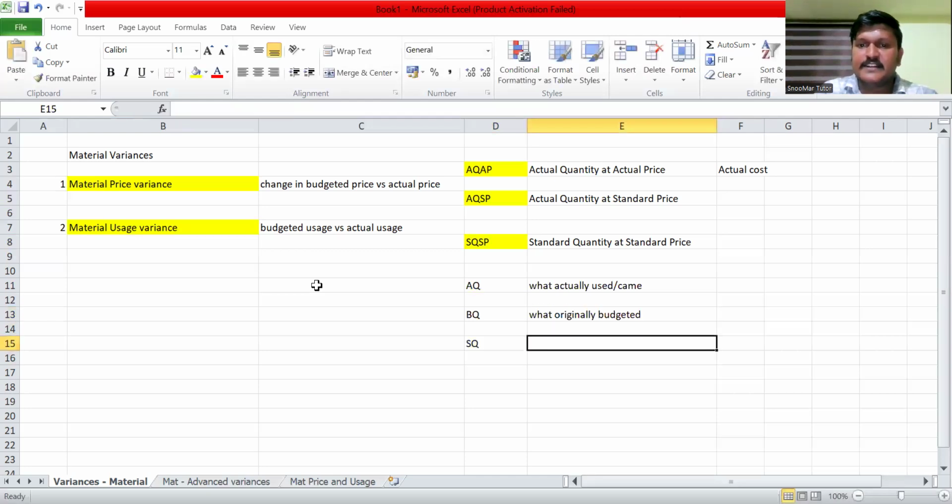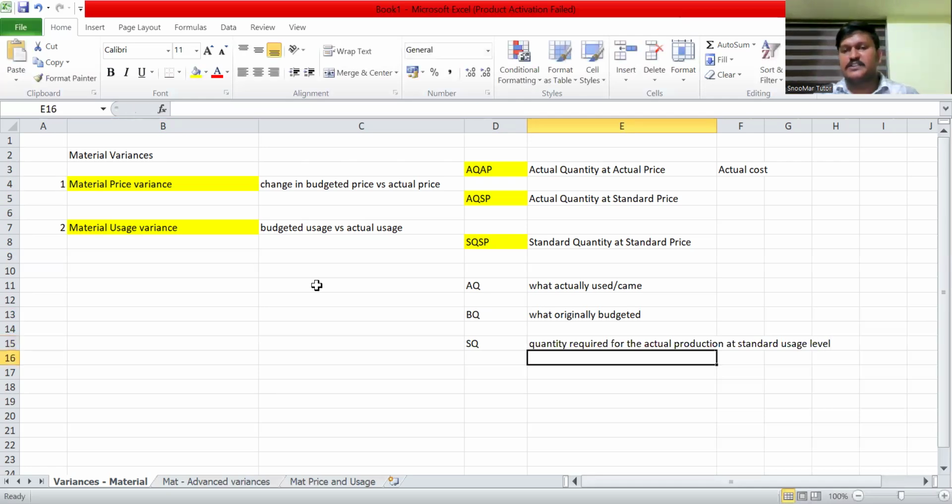Now what is your standard quantity? It is the quantity required for the actual production at standard usage level.